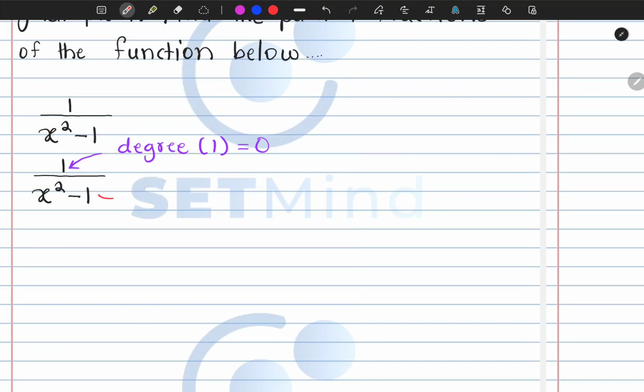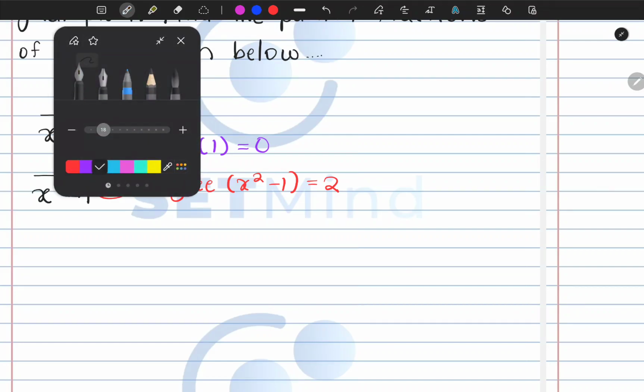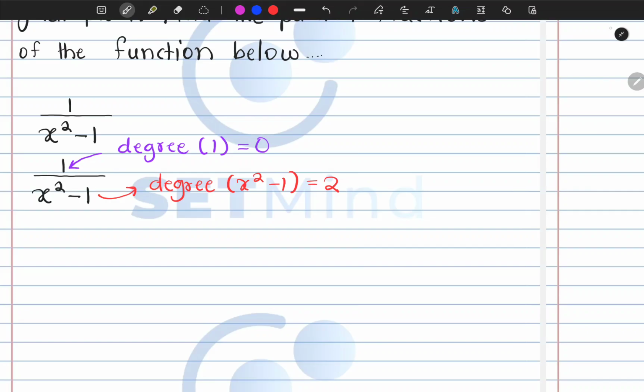And when you look at our denominator, x squared minus 1, it has a degree of 2. And remember that as long as the degree of the numerator is less than the degree of the denominator, we don't need to do long division. So we become happy when we see such.